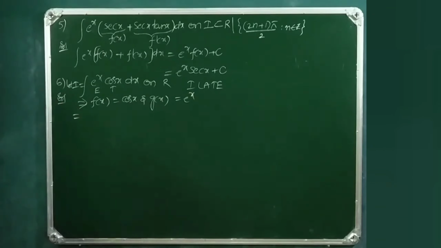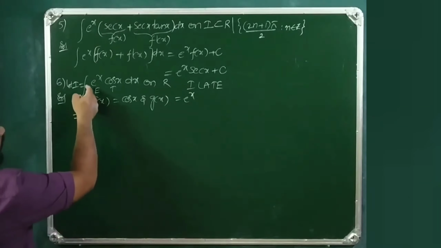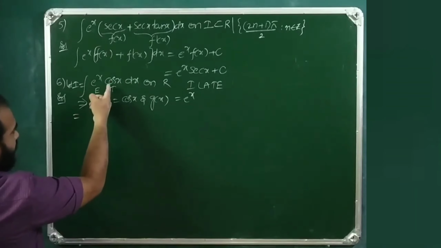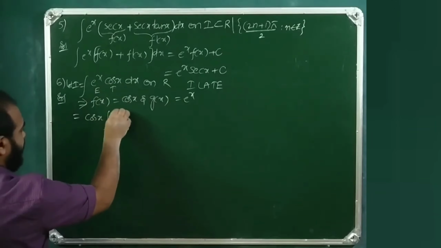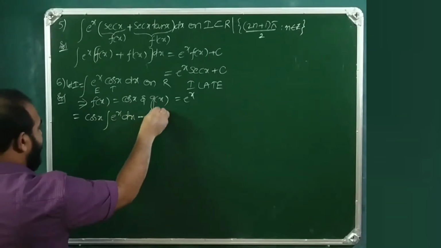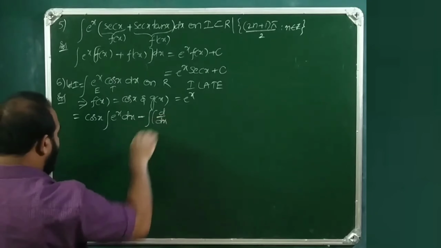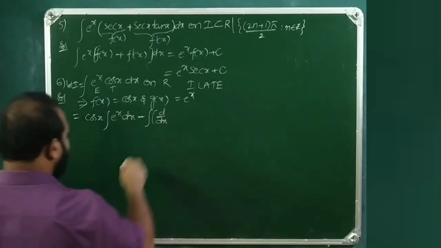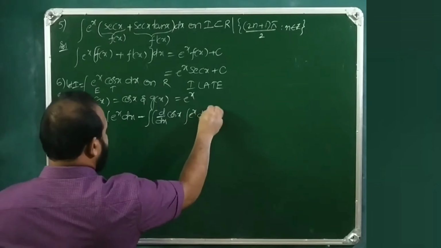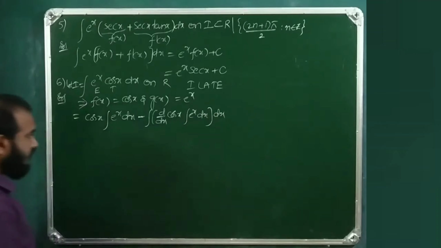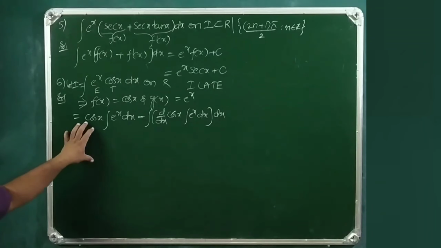So this is equal to first function cos x into integral of second function dx minus integral of d by dx of first function into integral of second function dx whole dx. This is the formula that we have learned before.